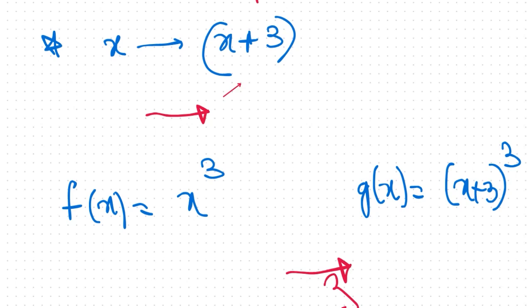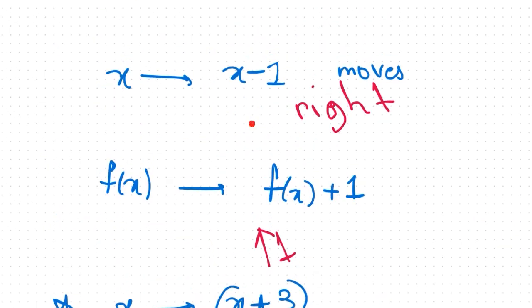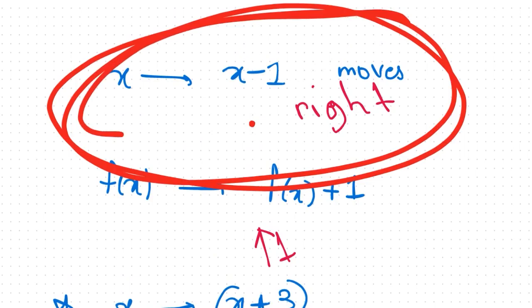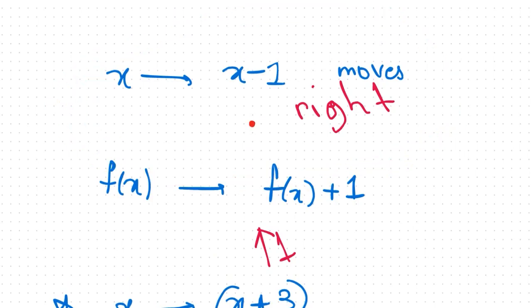Moving 3 this way? 3 units, right? You are saying? Yes. That is not right. Wait. See, you have to check this. This one. The top one. You see this?